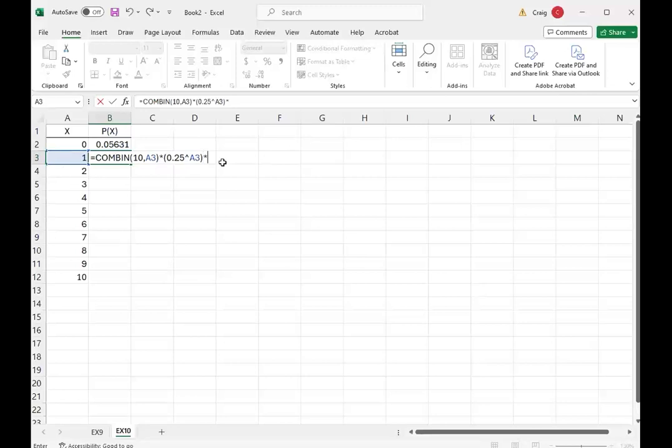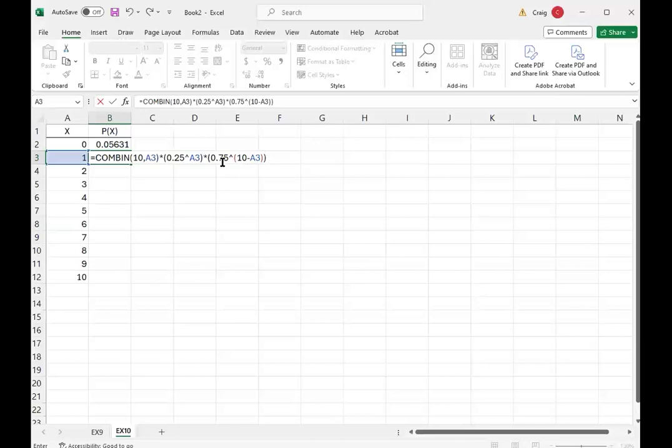Then there's a 0.75 chance of getting it wrong, and now we have to raise it to the power of 10 minus X. I would use parentheses here: 10 minus a3. I think that parentheses is necessary; if you don't use it, it'll do something different.